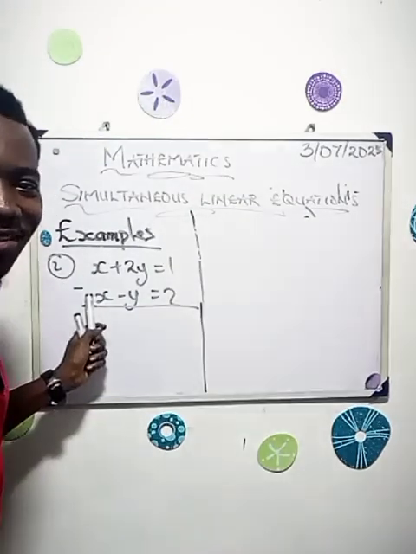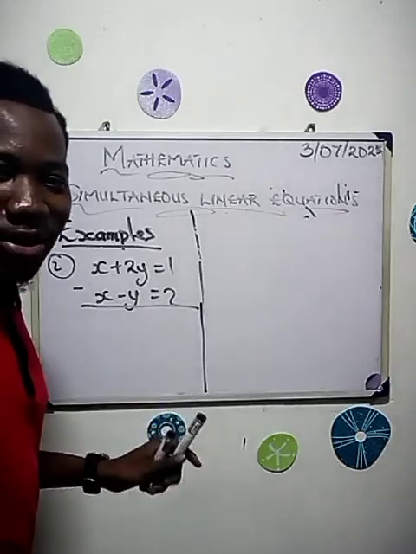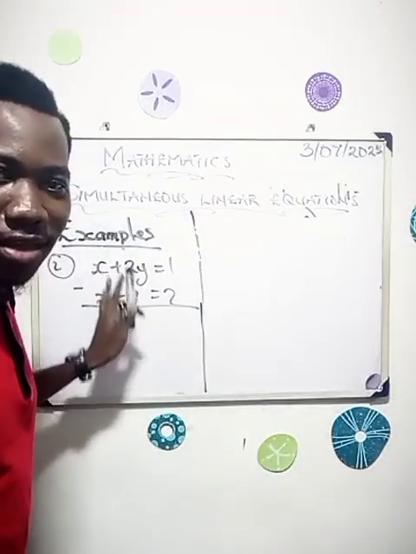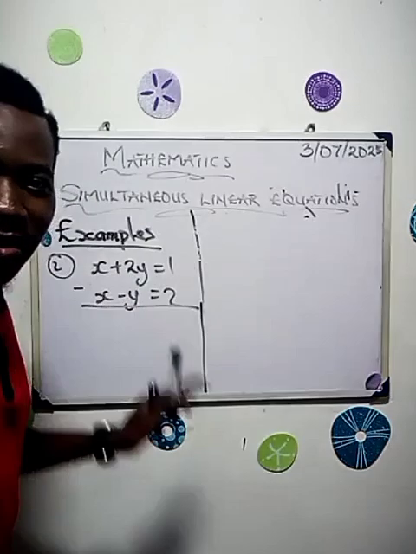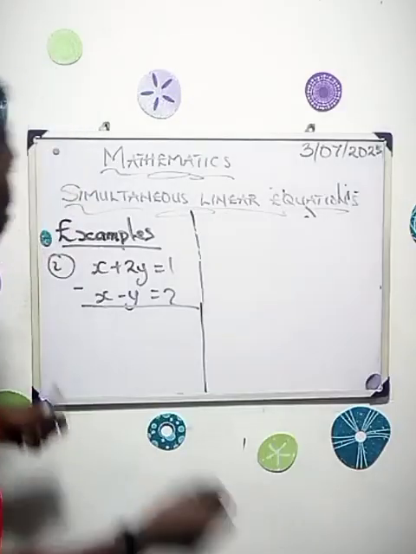It's not a warning, don't mind it. So x minus x, it's 0, right? Cancelled out. So it's 0.